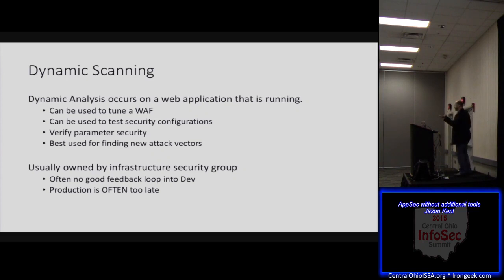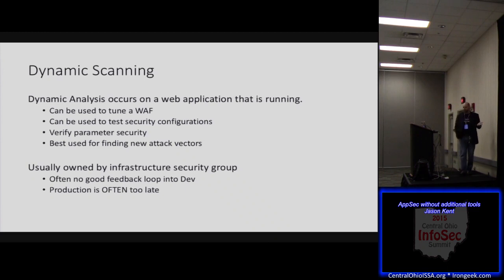If your search parameter has a problem and your web application firewall doesn't notice that, that's bad. So what you want to do is feed that data in, and almost all of the WAF solutions out there will accept any dynamic scanner's input, including mod security, if you have the commercial version. If you don't, then you got to write your own rules. But if you aren't running the commercial version, you're used to writing your own rules anyway.